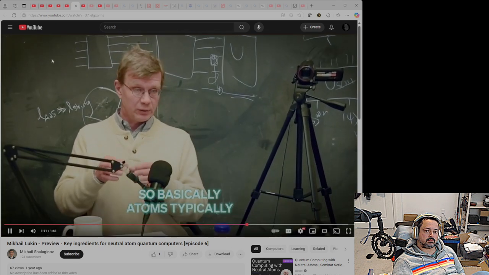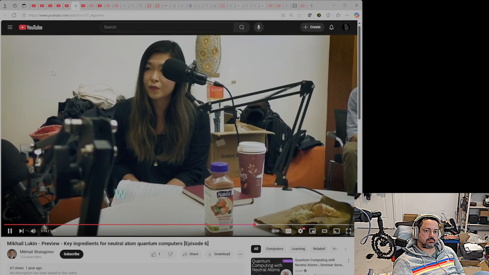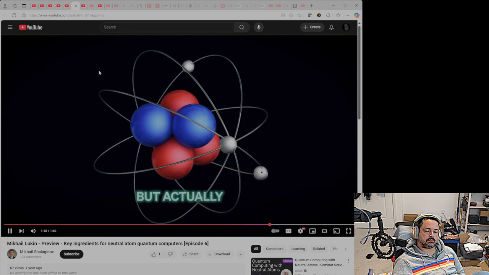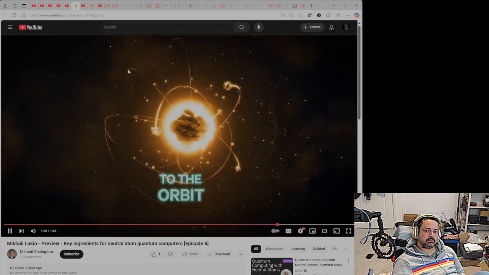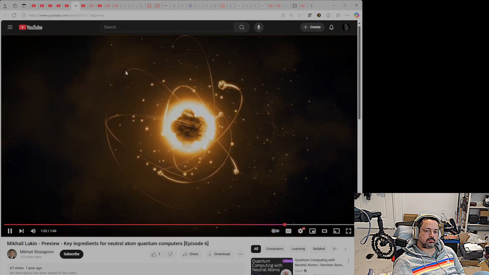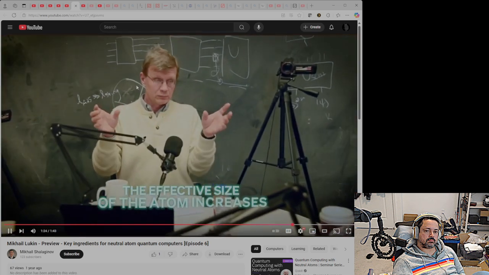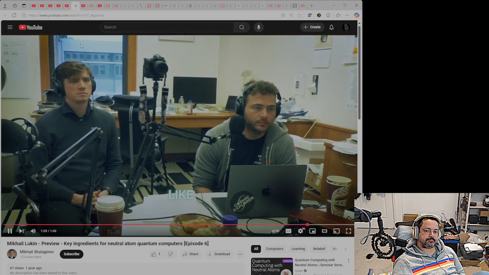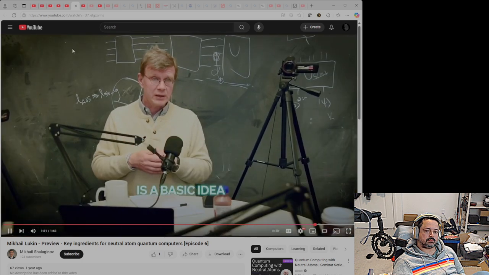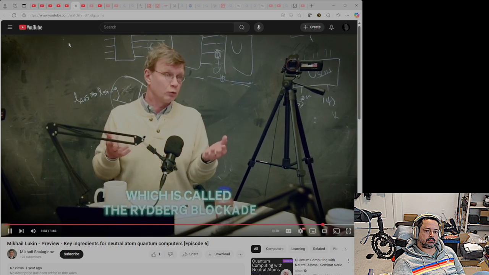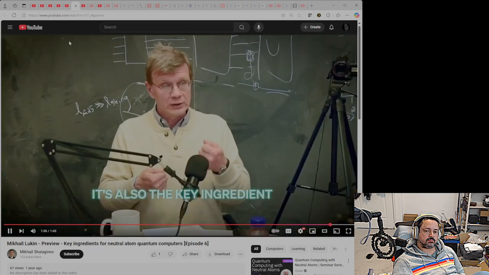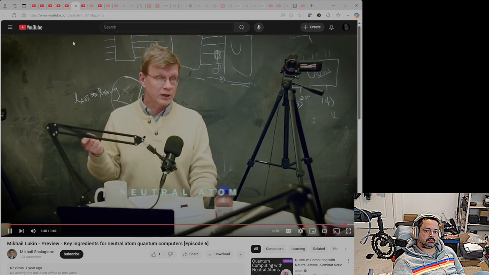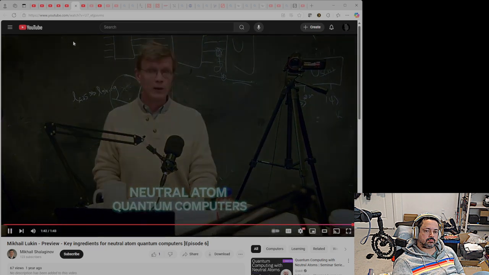Atoms in their natural ground state have the electron very close to the nucleus. But if you excite the atoms to an orbit where the electron is far away, the effective size of the atom increases, and then atoms start talking to each other. This idea of exciting atoms to a Rydberg state is the basic idea behind Rydberg blockade, which is also the key ingredient behind the recent wave of neutral atom quantum computers.